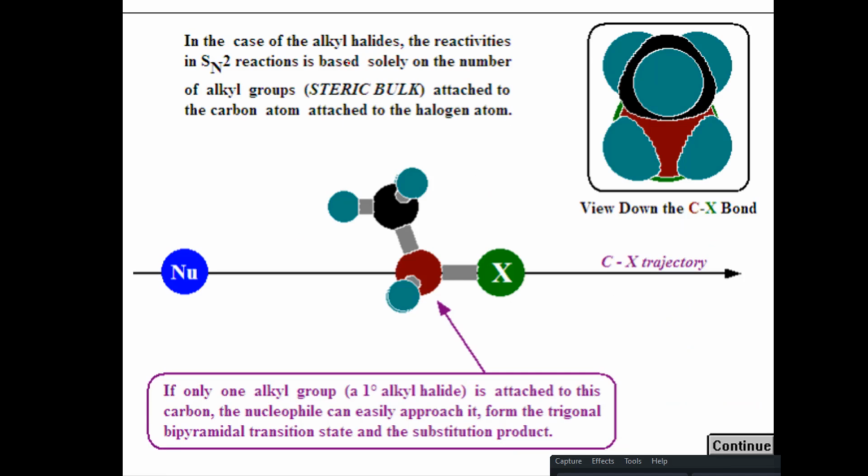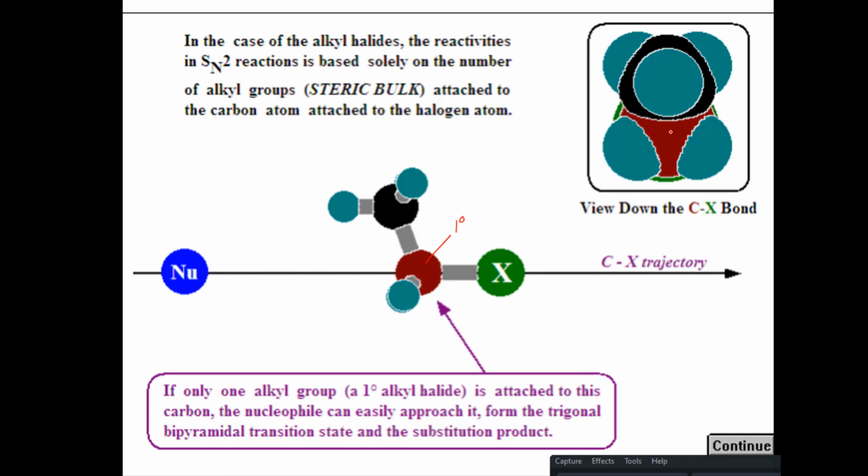So in this case, in the reaction of alkyl halides, what we find is the reactivities of the halides is based solely on the number of alkyl groups that are attached to the carbon atom. So for instance, this is a primary carbon. It has one methyl group. If the nucleophile is going to come down the trajectory of the carbon-halogen bond and attack, one alkyl group isn't really going to block that carbon too much.